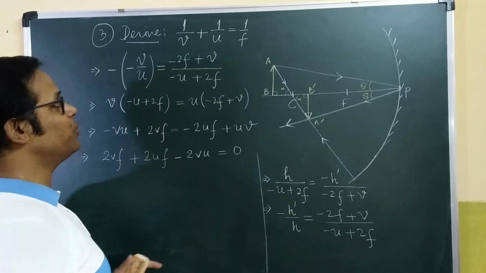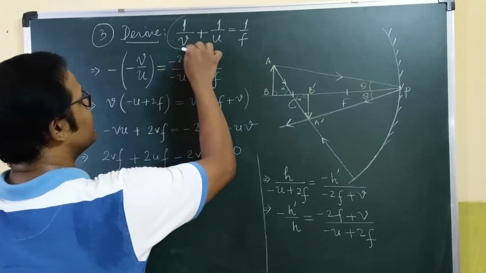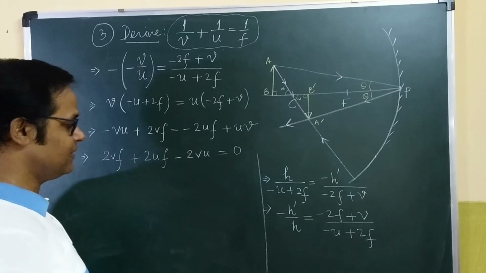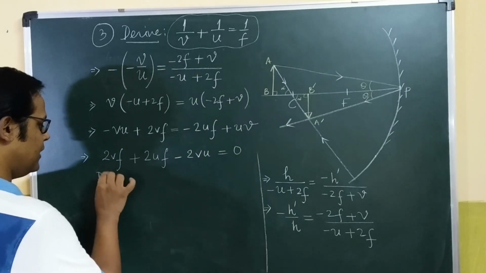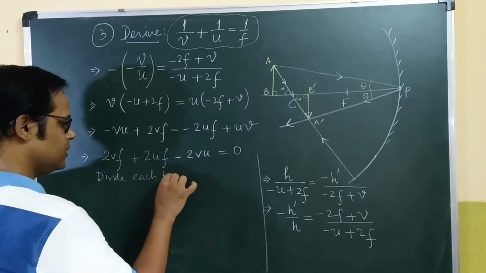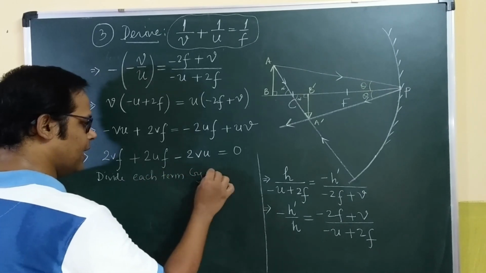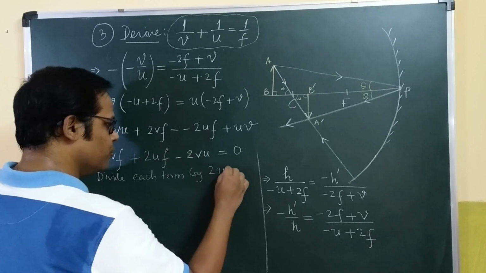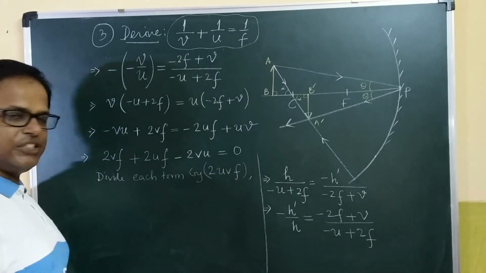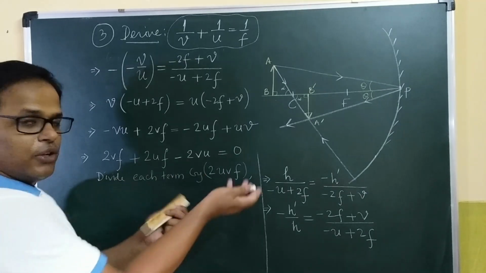Now to get to our desired formula, we will do a small mathematical trick here. Alright? Divide each term by 2uvf. This is only a mathematical gimmick that is always allowed in maths.